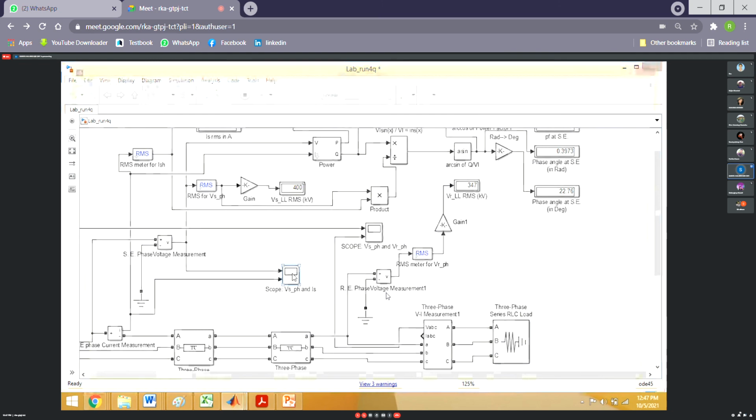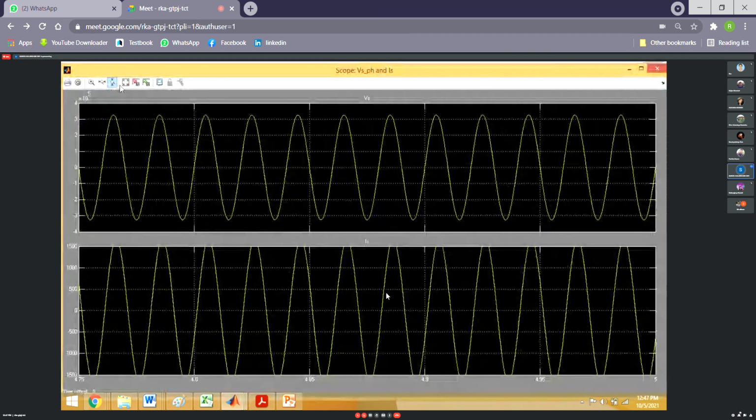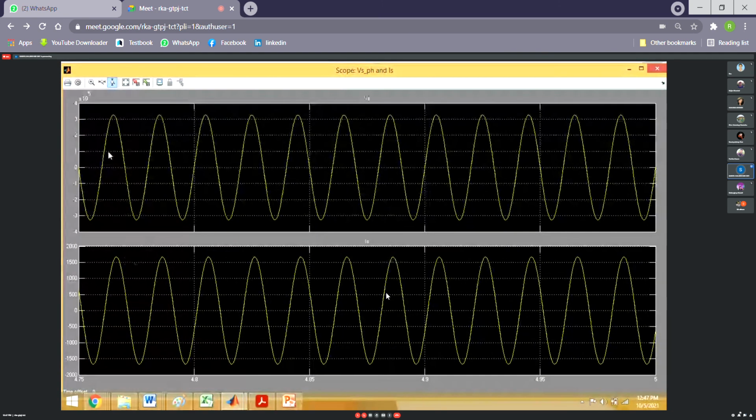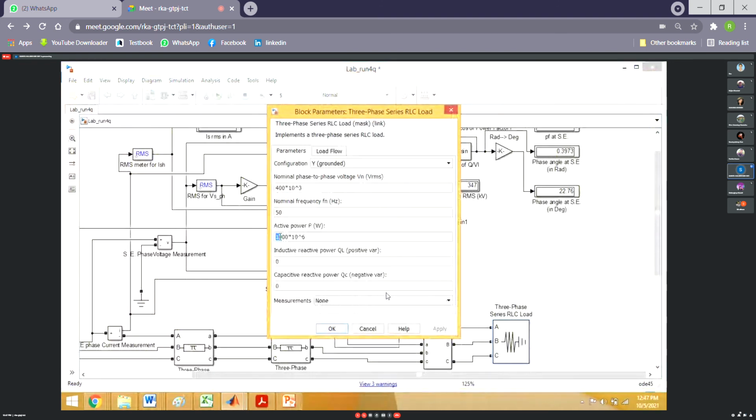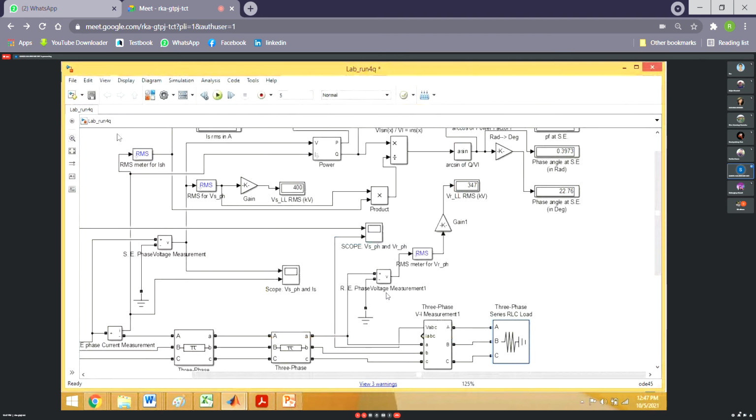Now you see, this is not required to copy, just check this. Now it is noticeable: this current is lagging, so current is reaching the peak later. Now if we increase the load higher, say 1200 megawatt, 600 was the earlier one and now I have increased the load twice of that.